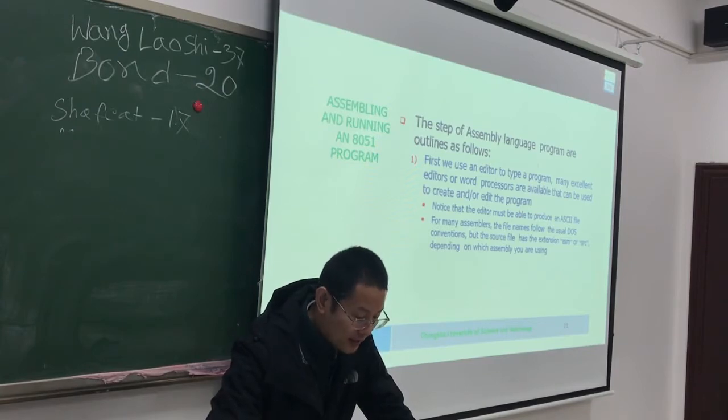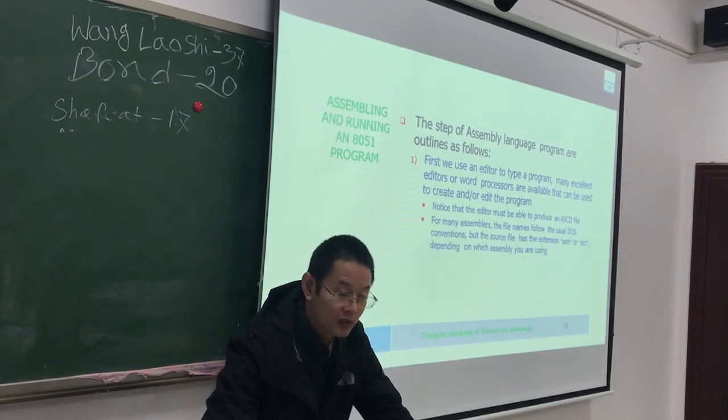Notice that the editor must be able to produce an ASCII file. For many assemblers, the file's name follows the usual DOS convention, but the source file has the extension ASM or SRC, depending on which assembler you are using.